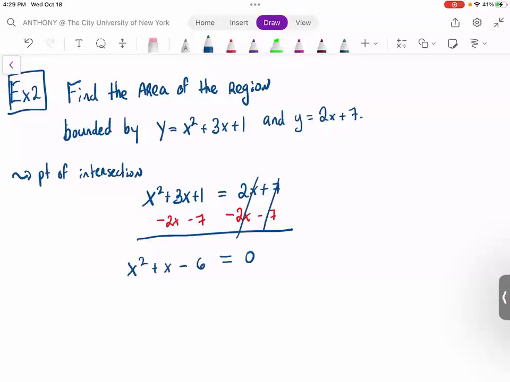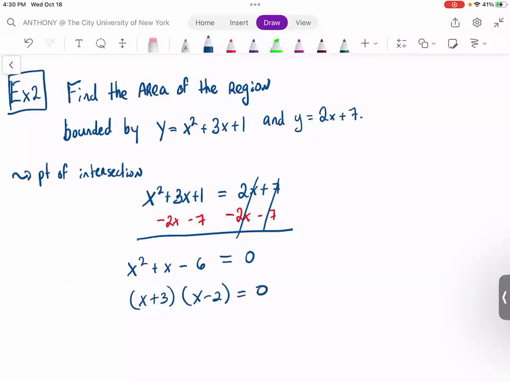All right. For this equation, x squared plus x minus 6, what are two numbers that when you multiply them give you -6, but add up to +1? Three and -2. So you're going to get x plus 3 followed by x minus 2 is equal to 0.